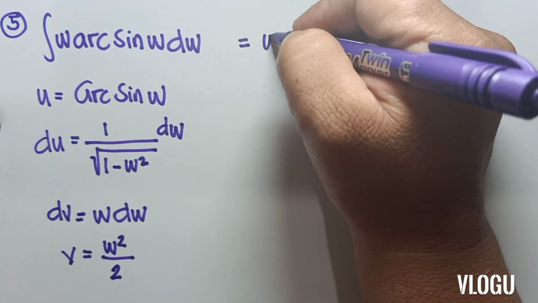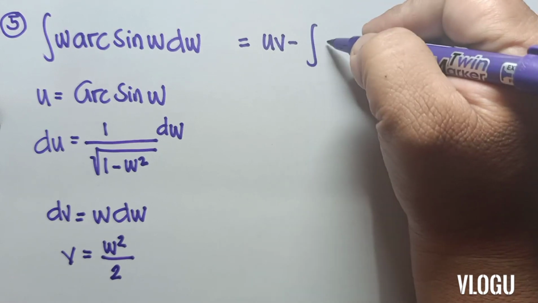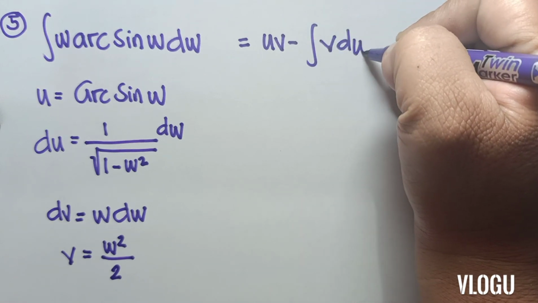That is equal to uv minus the integral of v du.